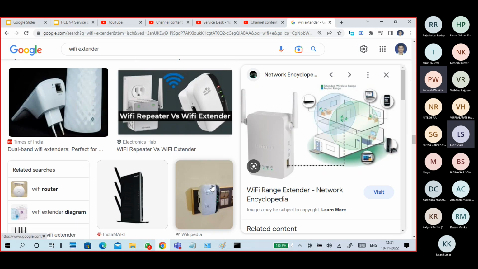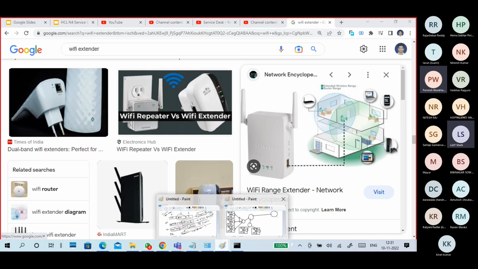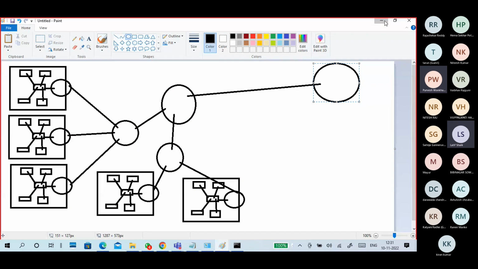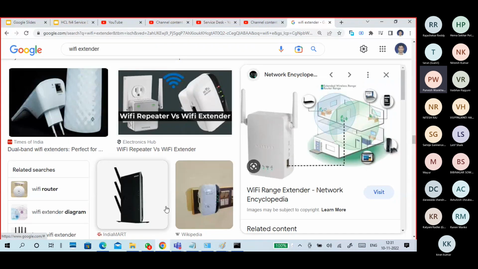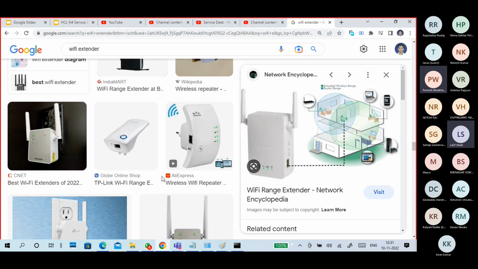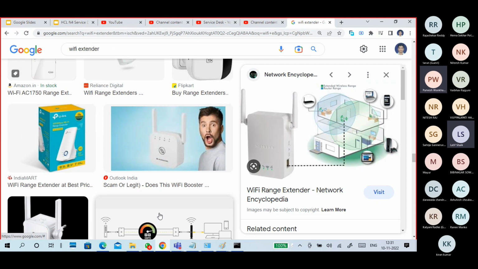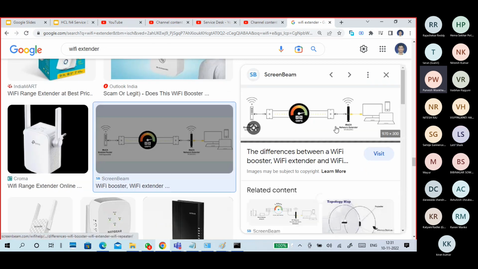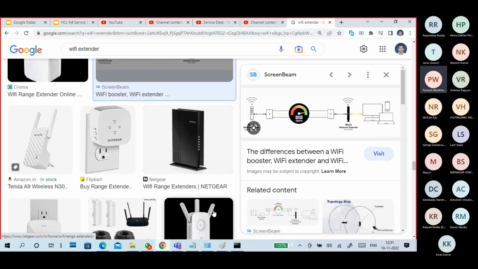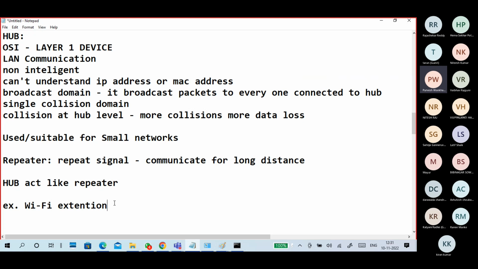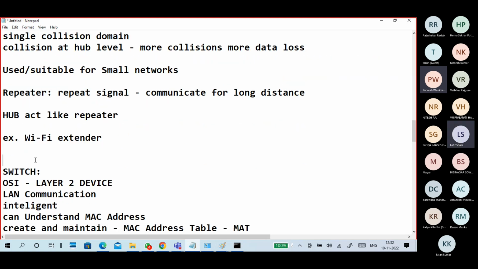It is in between the router and your device. If you are getting a weak signal, you use that extender to get a full signal, meaning reach will increase. Not extension, extender. Same purpose as Wi-Fi. Nowadays, a Wi-Fi extender is the best extender.